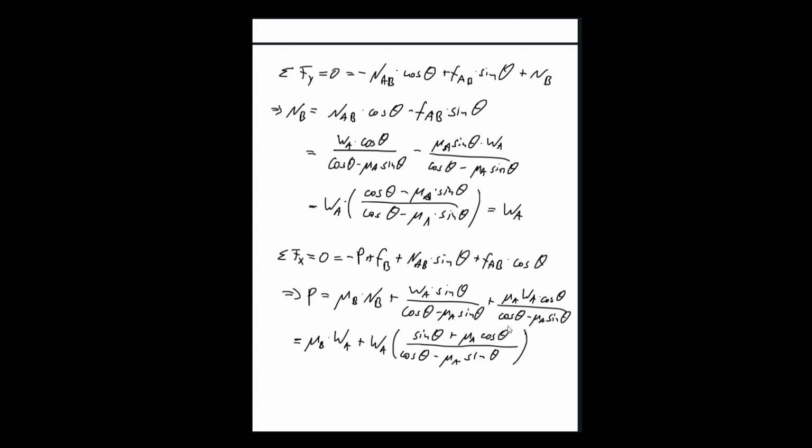Right, that's basically just pulling the W out, and then the two fractions we can just add together.